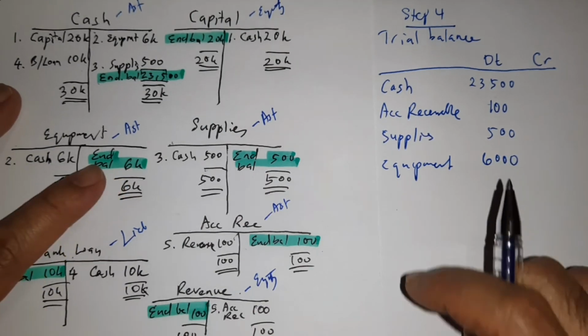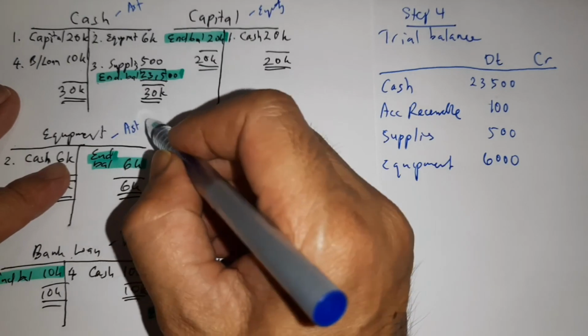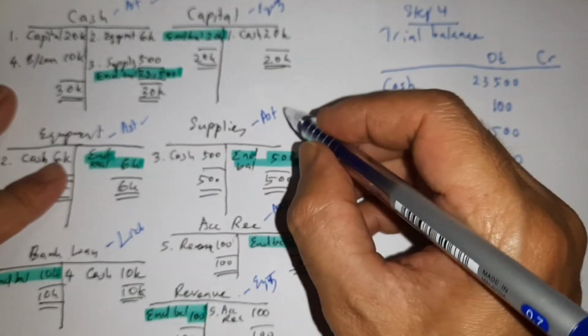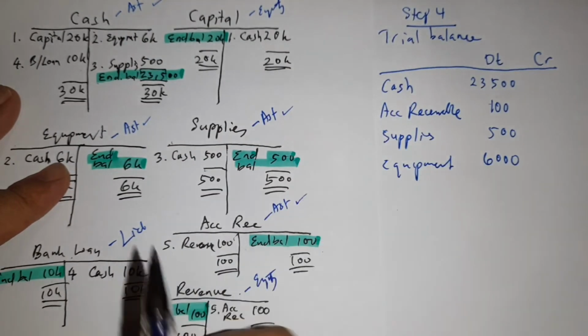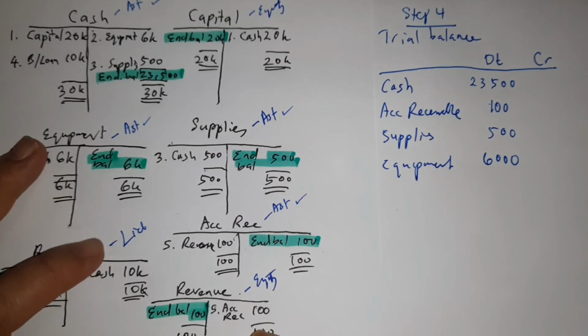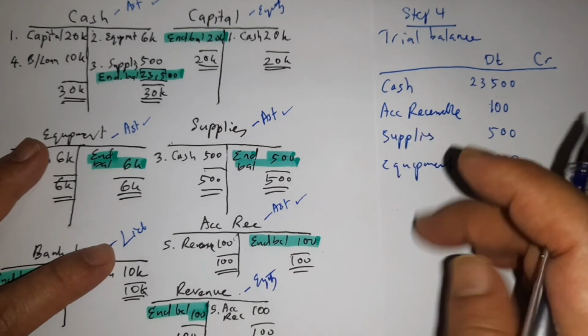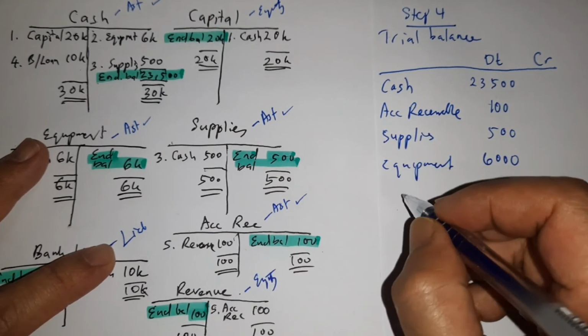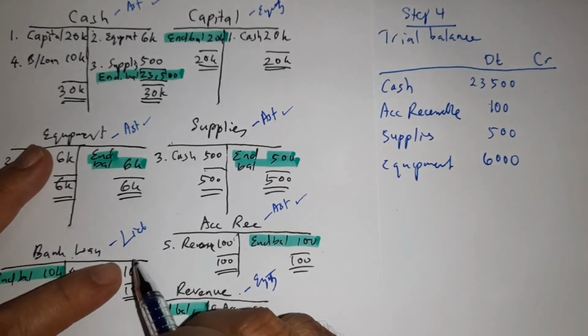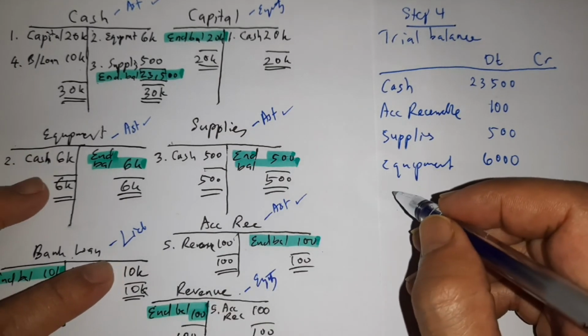And then, okay, so you have listed all the assets, so you can tick all the assets. Make sure you have listed all the assets accounts. And then the second thing is you have to list all the liabilities. So there is only one liability in this example, so the liability is bank loan.